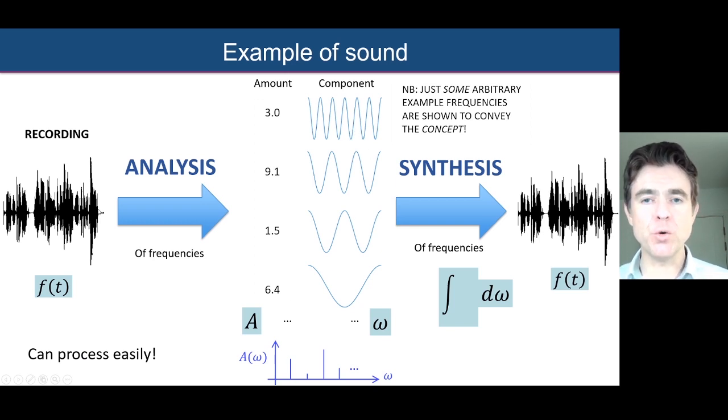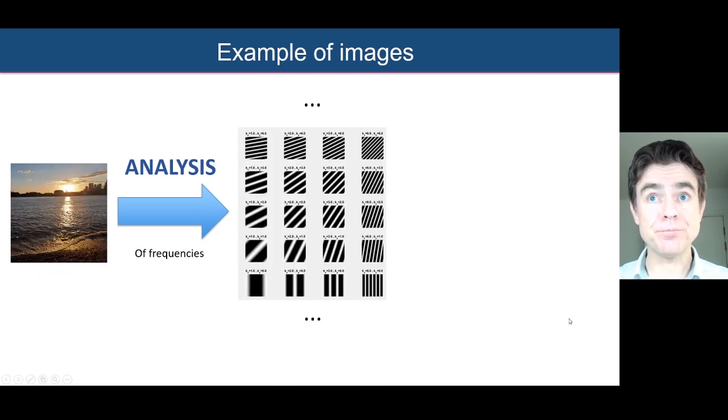So, for example, with an audio signal, I could emphasize bass low frequencies, or I could reduce high frequencies that might correspond to noise, and I can do that processing very simply on this frequency description here. And then when I've done my processing, I can then do a synthesis to rebuild or reconstruct either the original function if I've done no processing, or indeed a processed version of that signal.